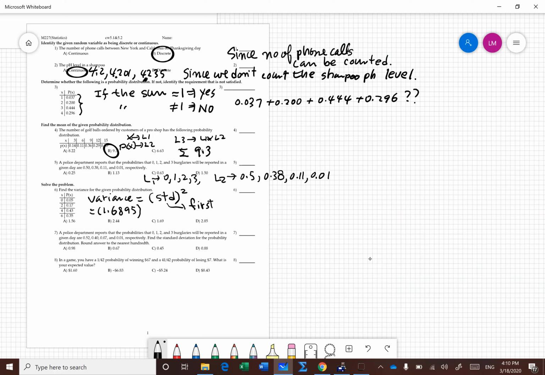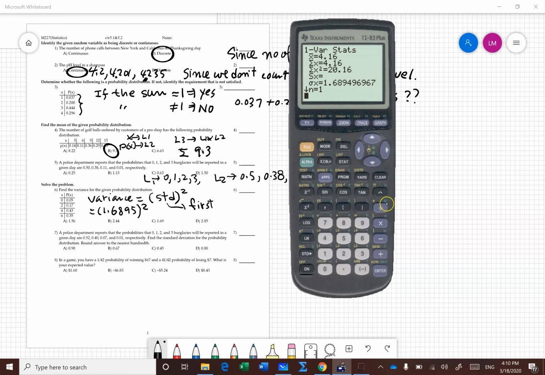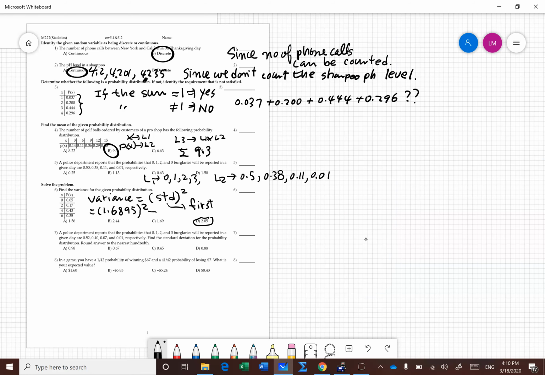That is the standard deviation. You square that. Let me put that in the calculator. 1.6895, if you round it. You square that, you get 2.85. Do we have 2.85? Yes. So that is equal to 2.85.